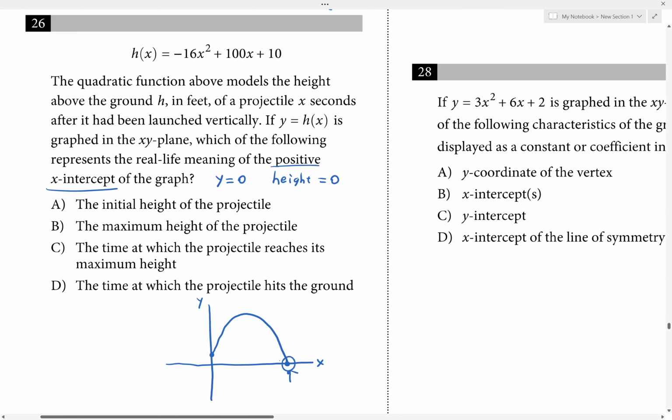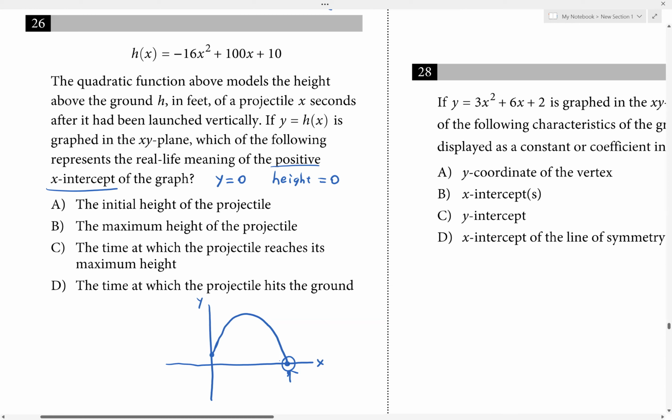So this models the path of the projectile. It makes sense, right? Think about launching a rocket or hitting a ball right up in the air. It goes up first, and then it will eventually come back down because we have gravity on Earth pulling down whatever the thing is. So it will eventually come back down to the ground.